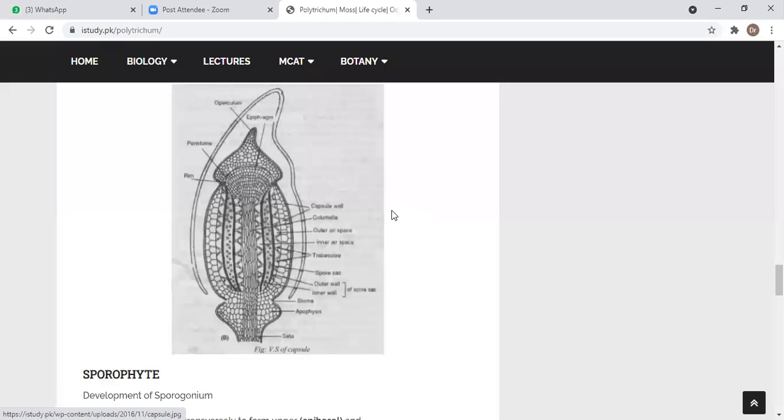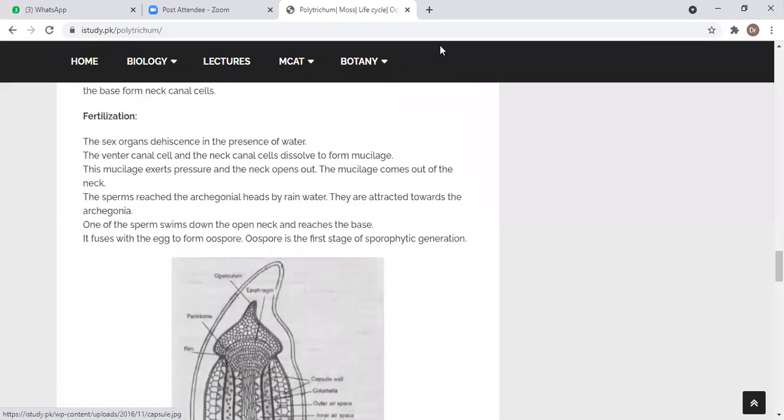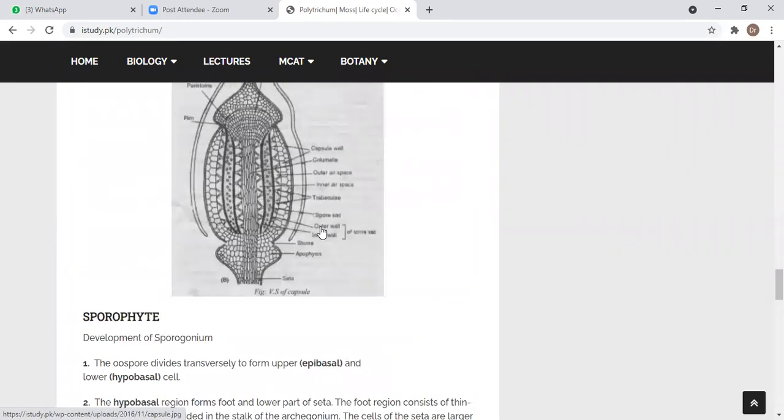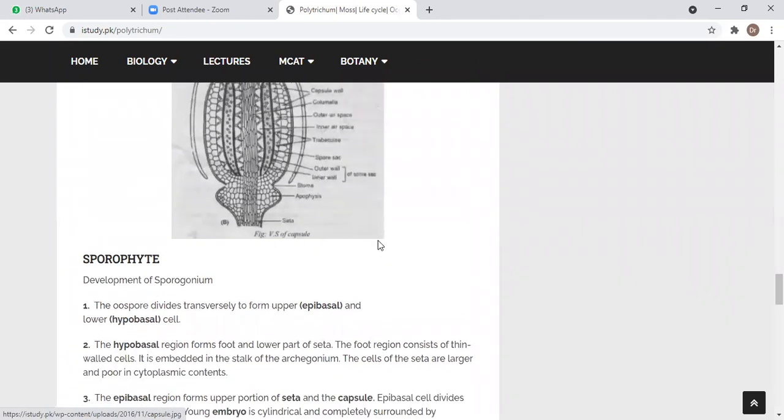Okay, so now we are going to study the structure of the sporophyte. The sporophyte of Polytrichum is divided into three regions: the foot, seta, and the capsule.